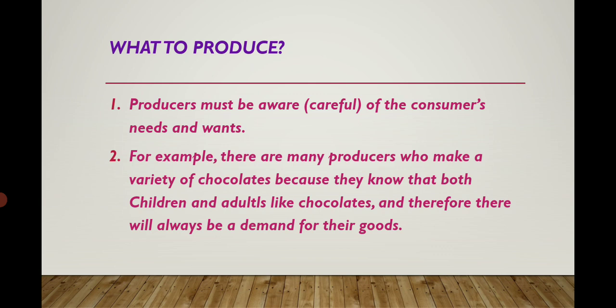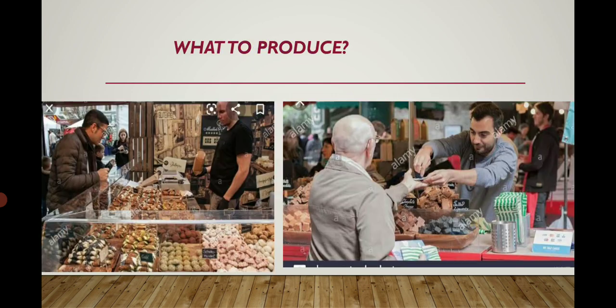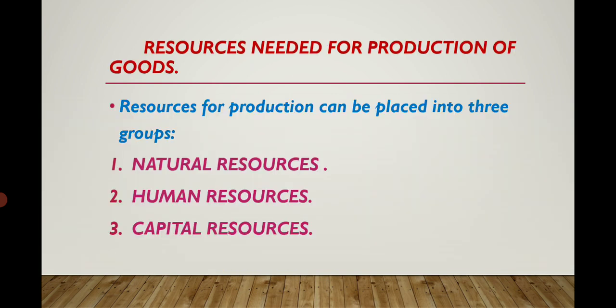That is how the producer needs to read the minds of the consumers and produce the goods. Now here you can see what to produce. The producer knows that the consumer has a love for eating chocolate, so he produces and sells different types of chocolates.